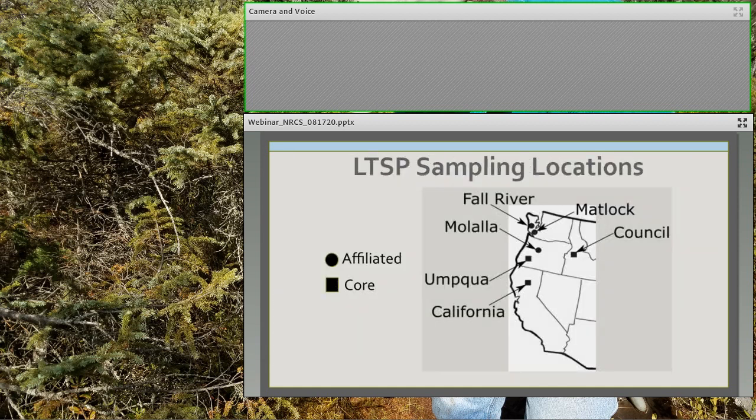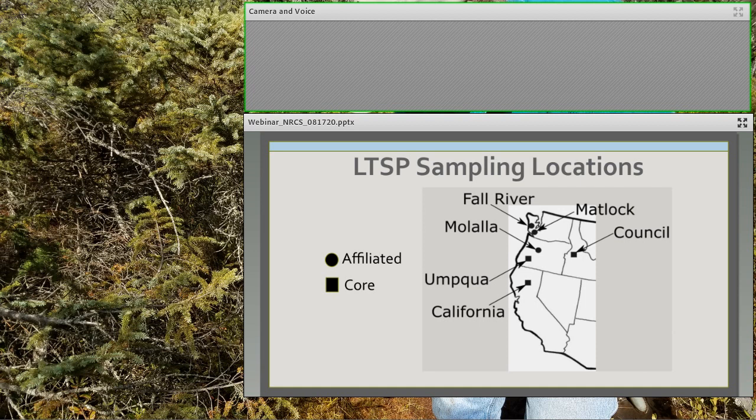All of the sites that we sampled for our study were part of the LTSP network, either core or affiliated experiments. 3 of our study sites were core LTSP experiments and 3 were affiliated. The core sites are Council, California, and Umpqua, which are located in Idaho, California, and Oregon. And 3 of the affiliated sites are Matlock, Moala, and Fall River, located in Washington and Oregon.